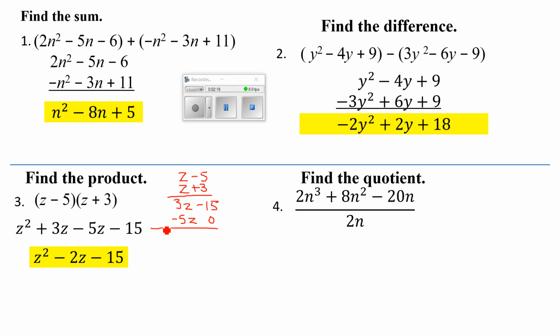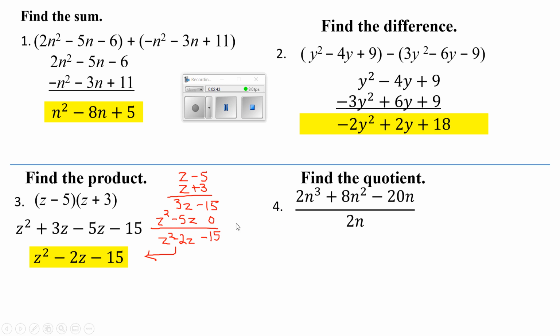And then z times z, that's z squared. And then you can see that negative 15 plus 0 is negative 15. Negative 5z plus 3z is going to be negative 2z. And then the z squared comes down. As you can see, we have the same exact answer as they do here.